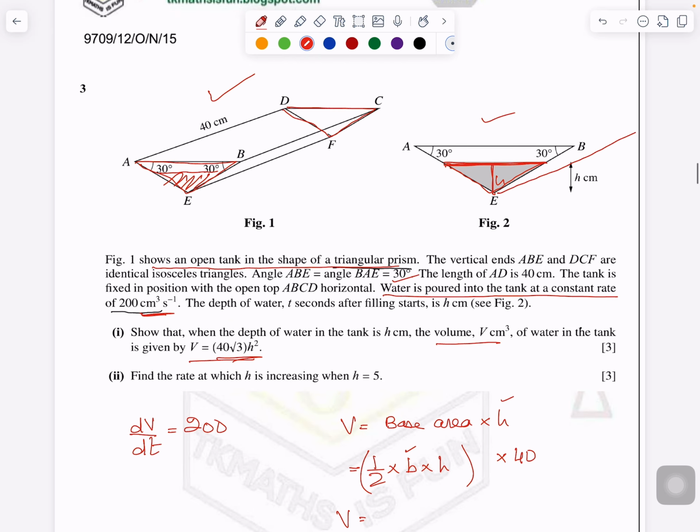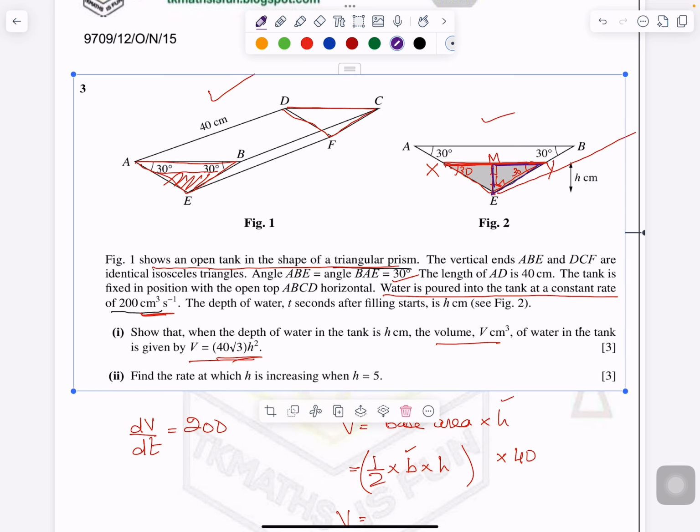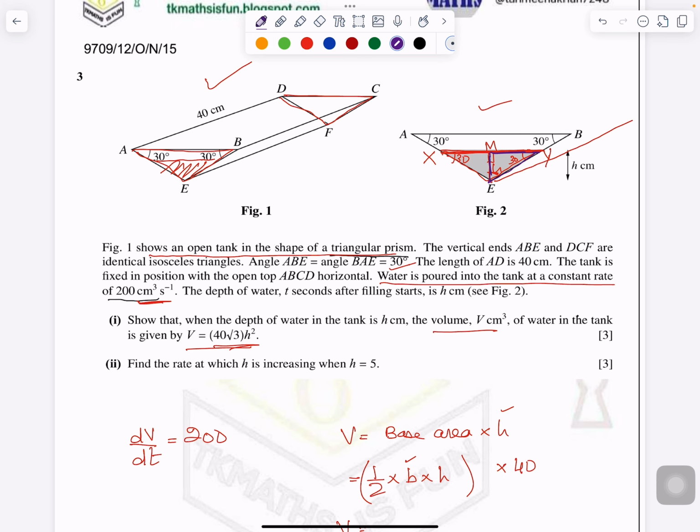So if you look at this triangle, let me call it x and y. Because it was given 30, it is also 30 because it is symmetrical. So this will become 60 and this will become 90. So let me call it m. So this is m and h, and I can use this triangle. So I can say tan 30 is equal to m over h?